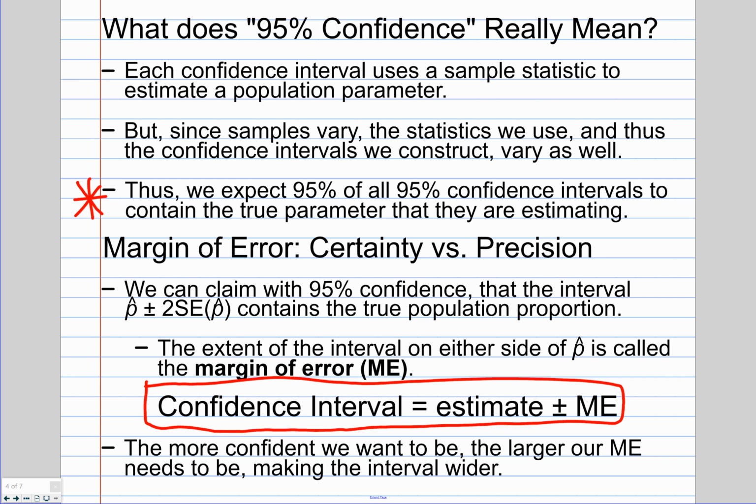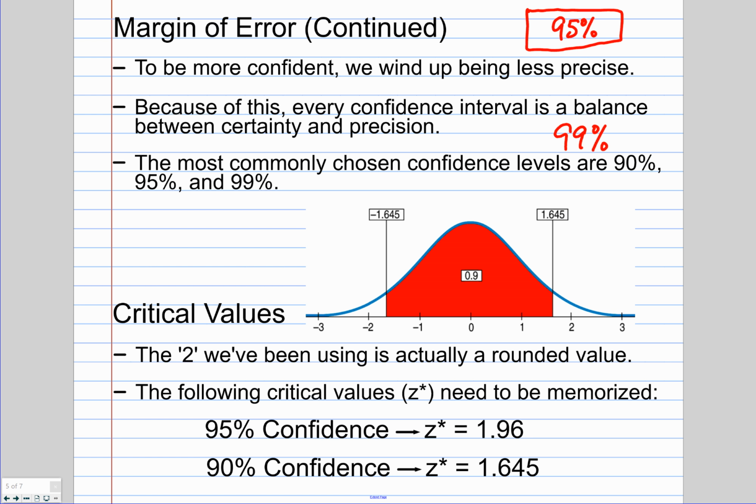Now I want to change it to 99%. What kind of trap would I need to be 99% confident that I'm going to capture it? Say it again. See, that's what most students think. Most students think it's smaller, but I am actually more confident that I'm trapping it, right? So if I'm more confident that I'm trapping it, I actually need it to be bigger or wider.